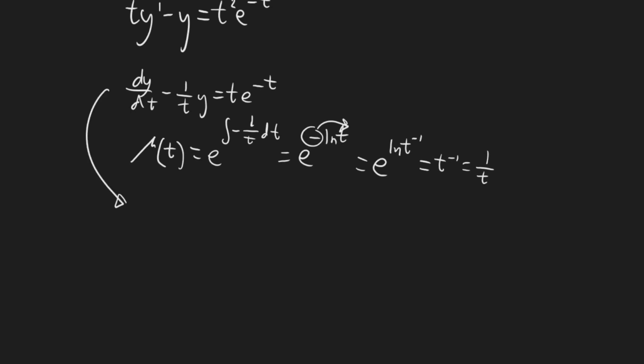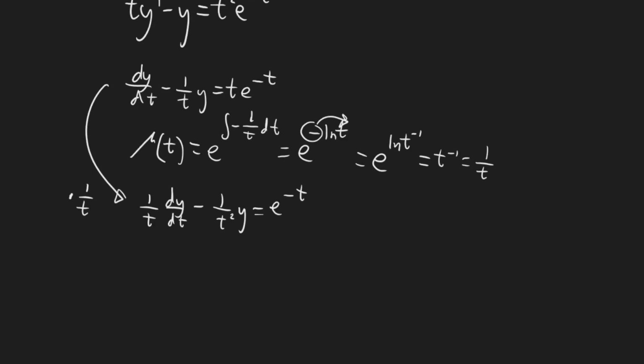Multiply by 1 over t. So we have 1 over t times dy/dt minus 1 over t squared y equals e to the negative t.